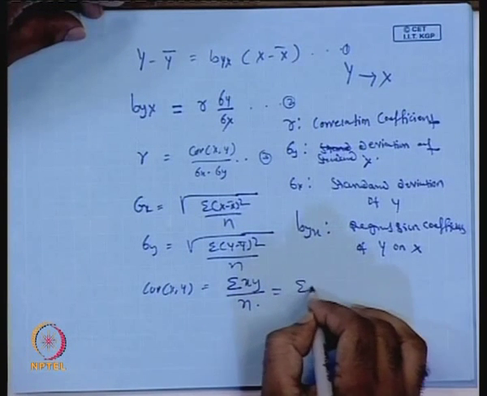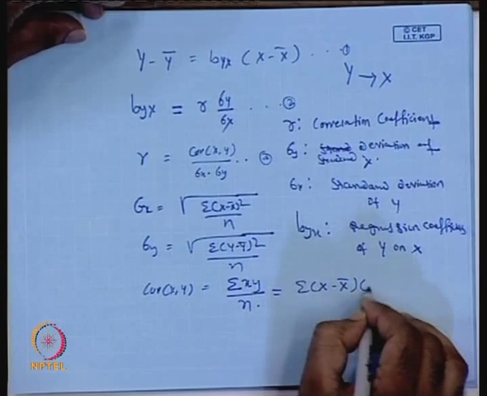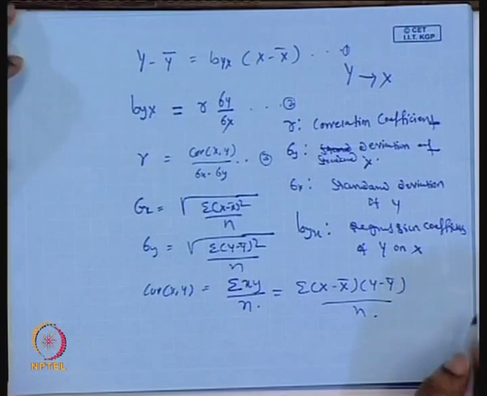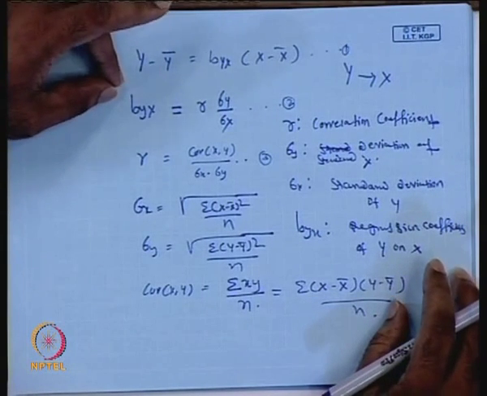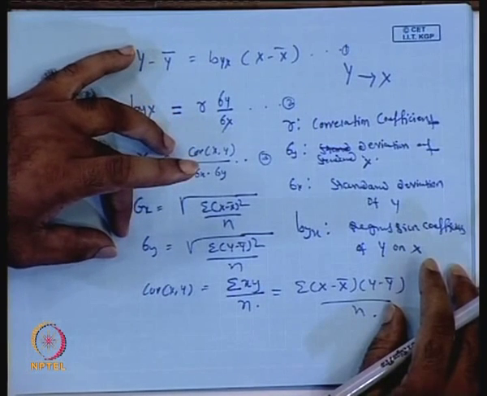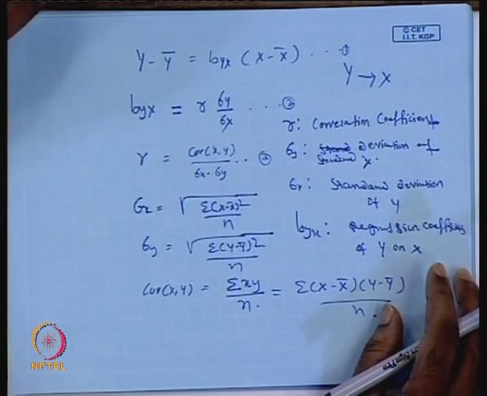It is nothing but summation of (x minus x bar) into (y minus y bar) divided by n. So, this is the regression coefficient, this is the correlation coefficient, this is the standard deviation of x, this is the standard deviation of y, and this is the covariance of xy.